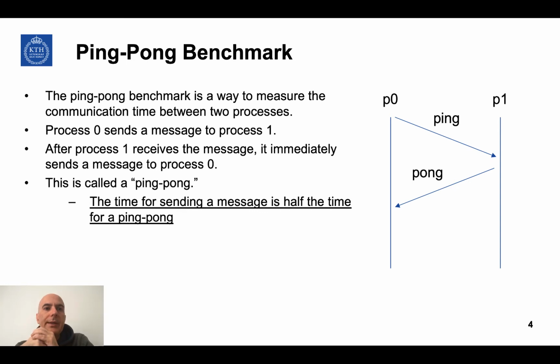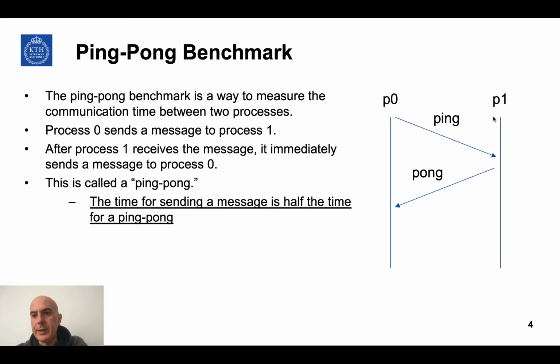The standard benchmark to calculate the latency and the bandwidth is the so-called PingPong benchmark. The PingPong benchmark is a way to measure the communication time between two processes. Process 0 sends a message to process 1, and this is called ping.